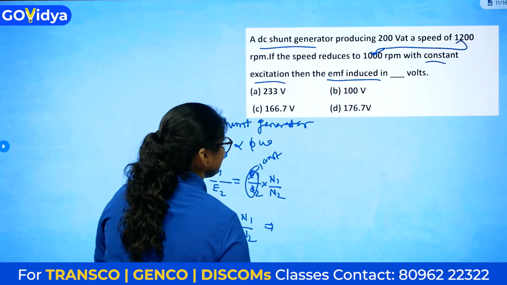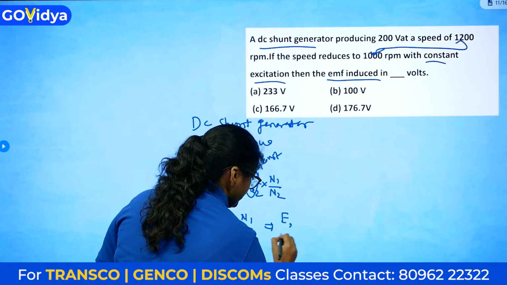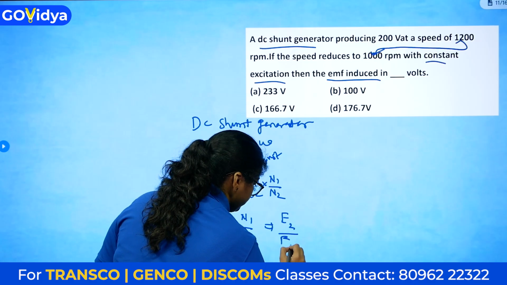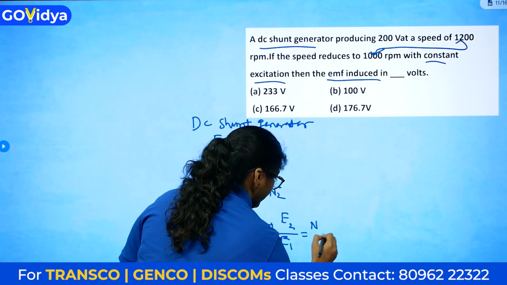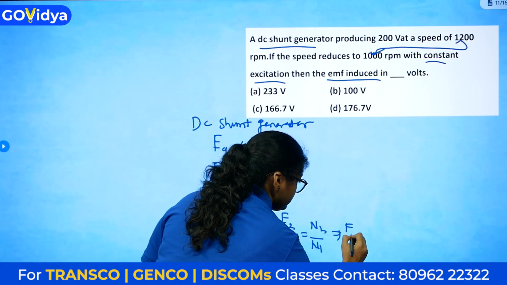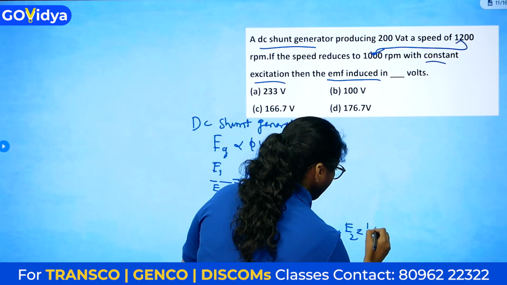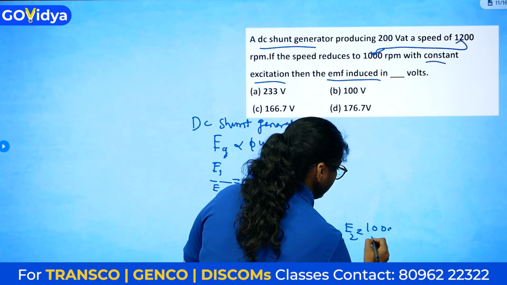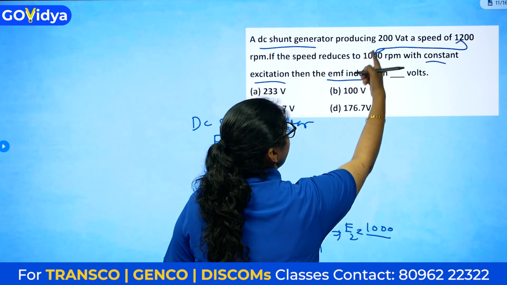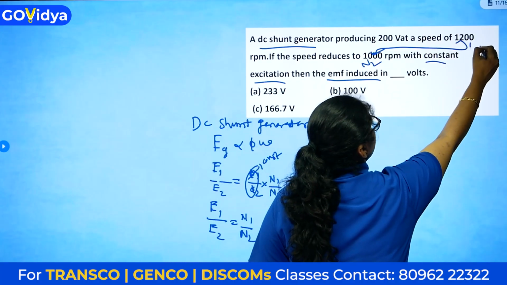I have to calculate the E2 value, so I take the reciprocal: E2 by E1 is equal to N2 by N1. Now N2 is 1000 rpm, since the speed has been reduced from 1200 to 1000 rpm, and N1 is 1200.